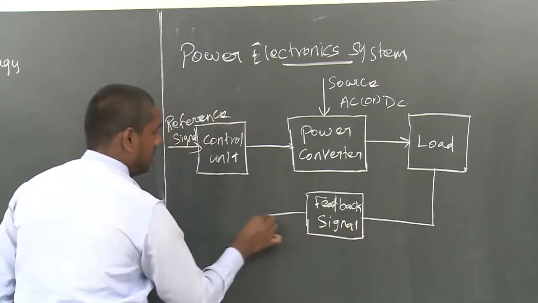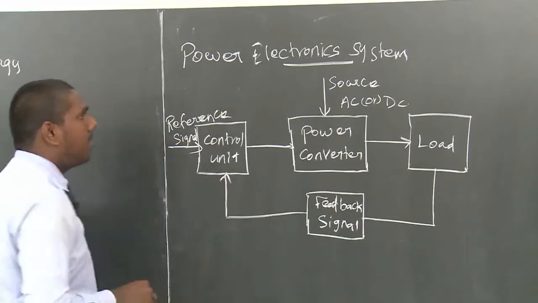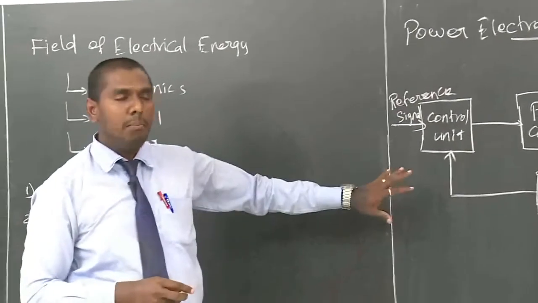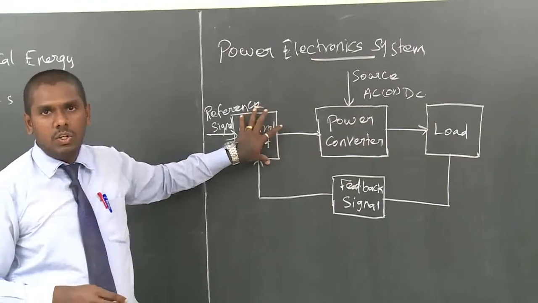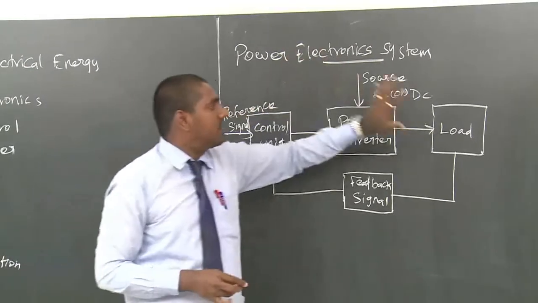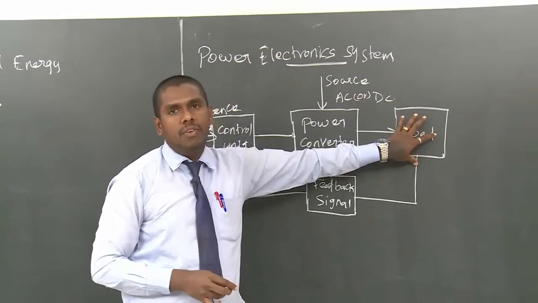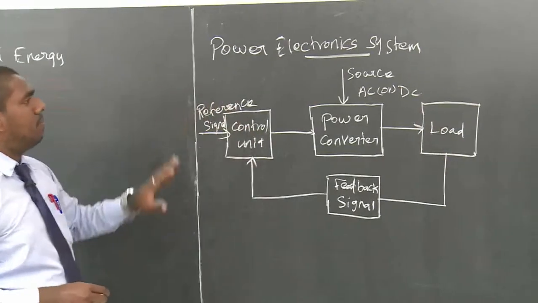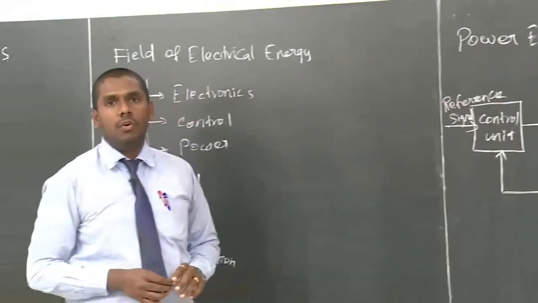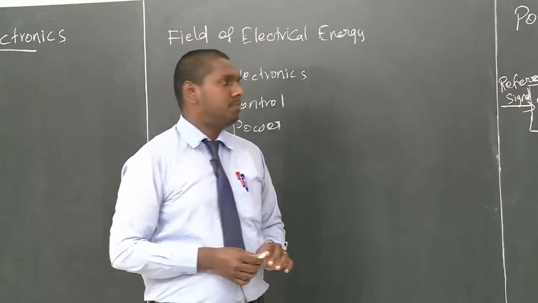Feedback signal. So every power electronic system combines both power converter and control unit. Then the load will vary depending upon your application. So this is the basic block diagram for your power electronic system.